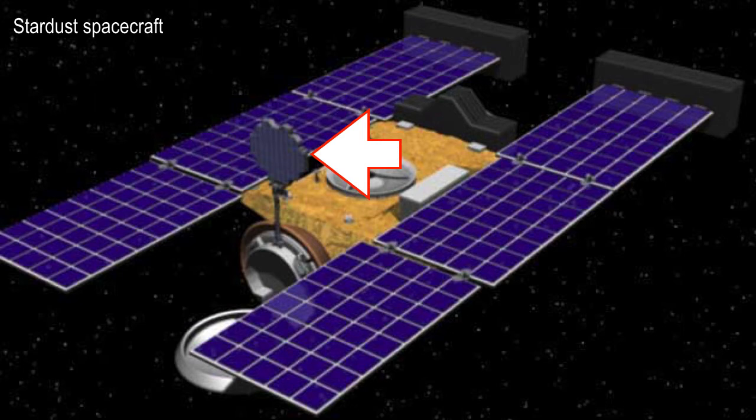I mean, that's their collecting device. They flew this spacecraft through the tail of the comet Wild 2, and their hope was to collect inside this tennis racket shaped deal some grains of comet dust. And what they found was really interesting.